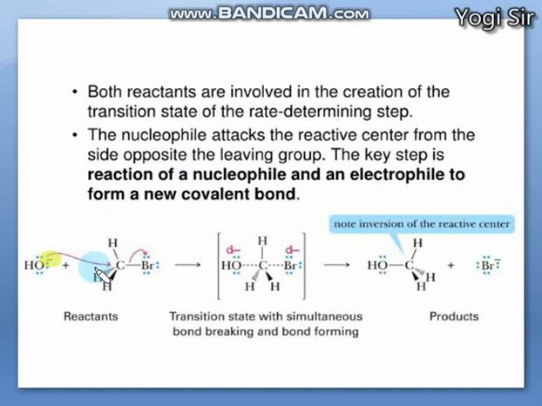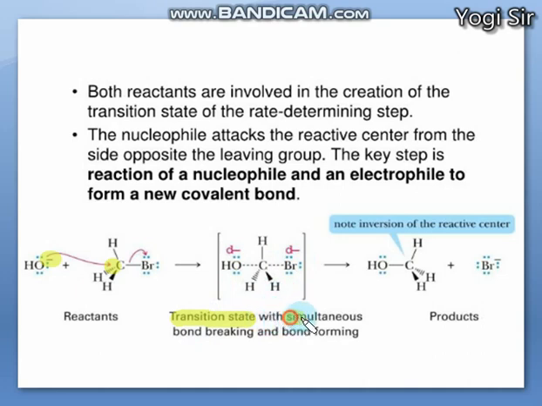So these electrons are attracted towards this central carbon, and the bonded sigma bond electrons are partially diverted towards bromine, and here there is one temporary phase, known as transition phase or transition step. Simultaneously you can see the OH is binding and the bromine is getting removed from this carbon, so it is known as transition phase, right?